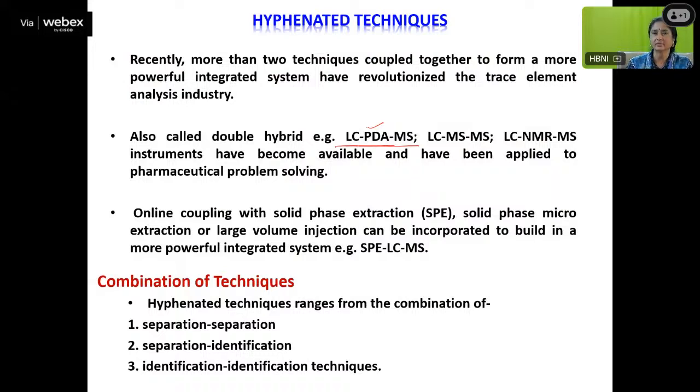So that is liquid chromatography, then diode array, and then mass spectrometer, like LC-MS-MS, LC-NMR-MS. Such instruments have become available and have been applied to pharmaceutical problem solving and many other things. So this is solid phase extraction, liquid chromatography, MS. Now the combination can be separation and identification techniques.